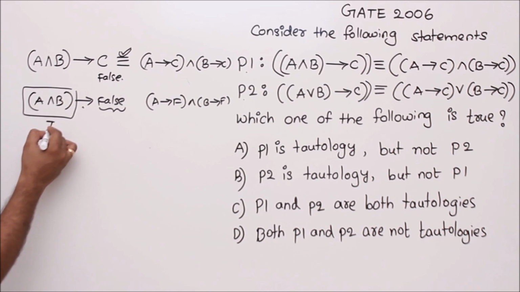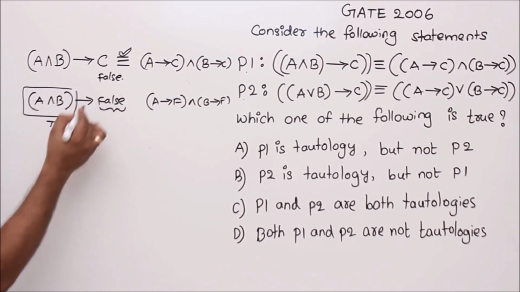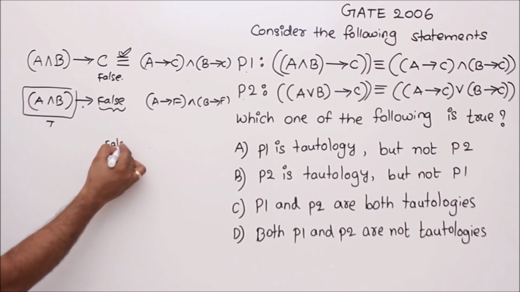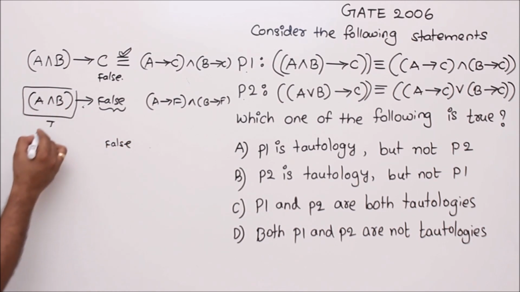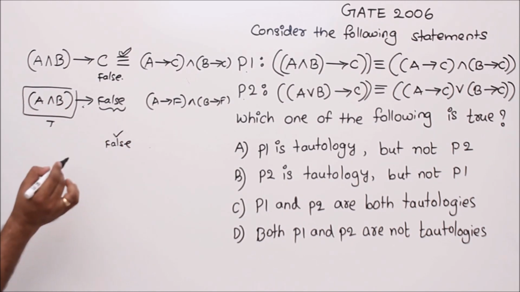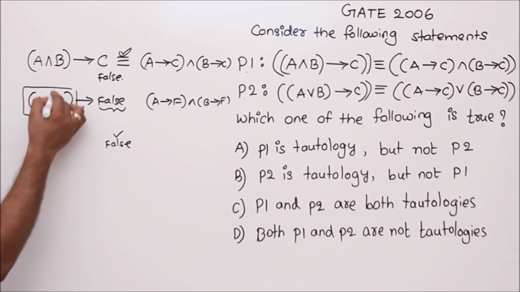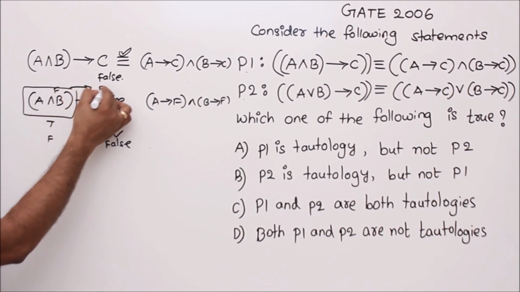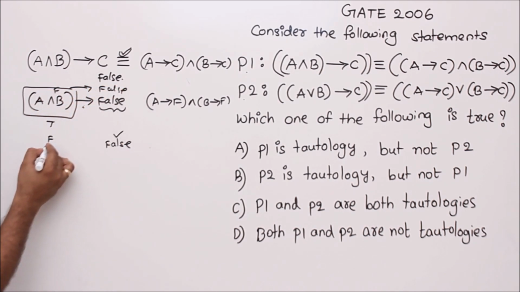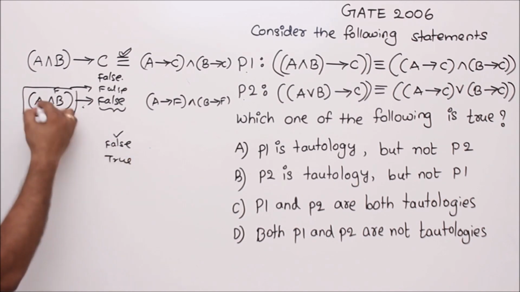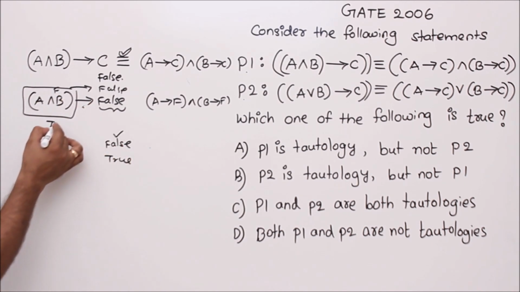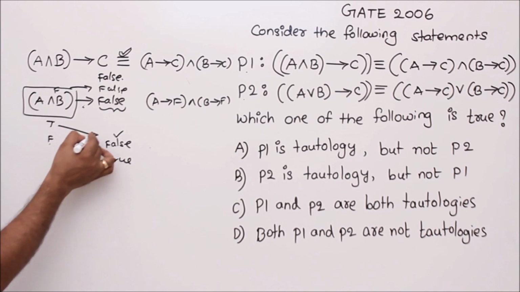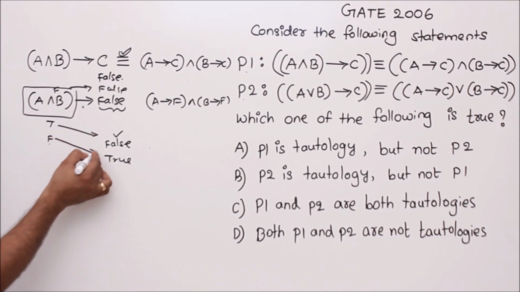When A and B is true, true implies false is false. Just note down the data. When A and B true, the overall value is false. When A and B false, then false implies false is true. When A and B false, the overall formula becomes true. So if you observe, A and B true gives overall formula false, A and B false gives overall formula true.